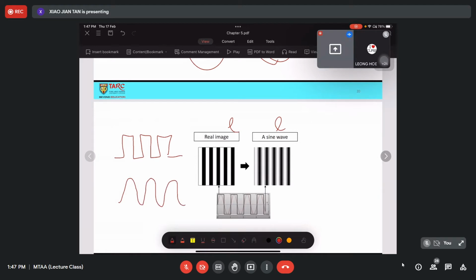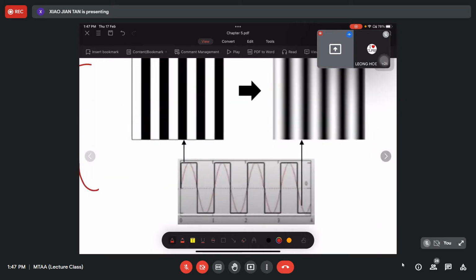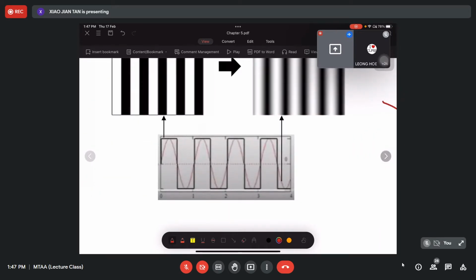So when both of these A and B are superimposed together, you will get something like this one. So what data have you lost? All the data from here is the data you don't have. That is why we say the sine wave, or the DFT, DCT, or DWT, is just an estimation.